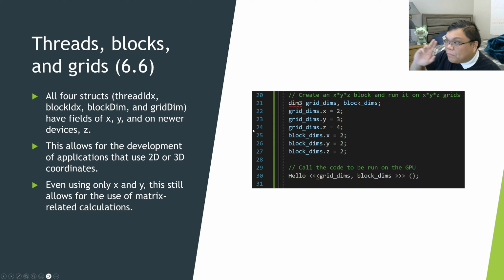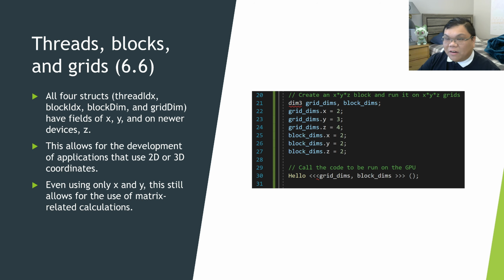This is going to sound weird, but it can go even higher. All 4 structs, threadIdx, blockIdx, blockDim, and gridDim, have 2 additional fields, y, and on some systems, z. So yes, we can have 3-dimensional grid numbers and 3-dimensional block numbers.